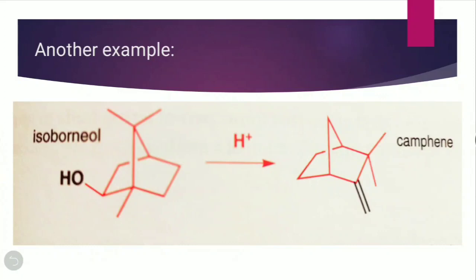So we will see the next example, that is acid catalyzed dehydration of isoborneol to give camphene. By seeing this rearrangement, it looks quite complicated, but it's not so complicated. In fact, only one alkyl migration is involved. One important point you should remember in a rearrangement is that the number of carbon atoms will never change. Only their arrangement takes place.